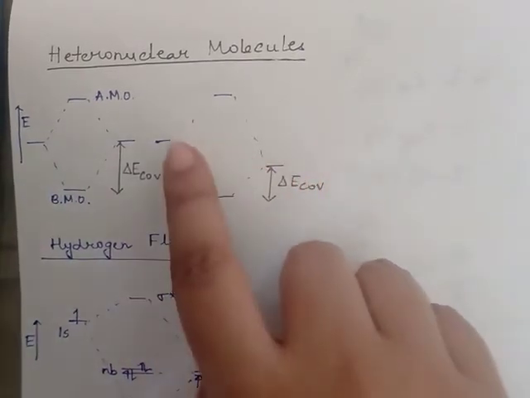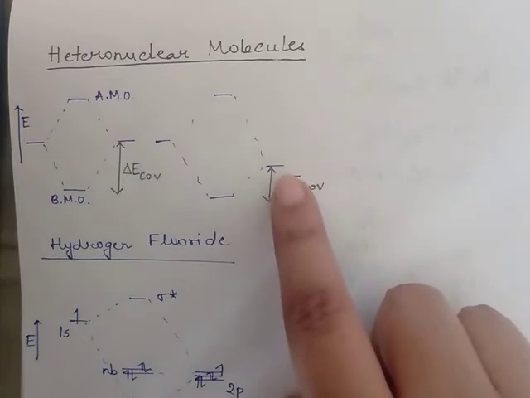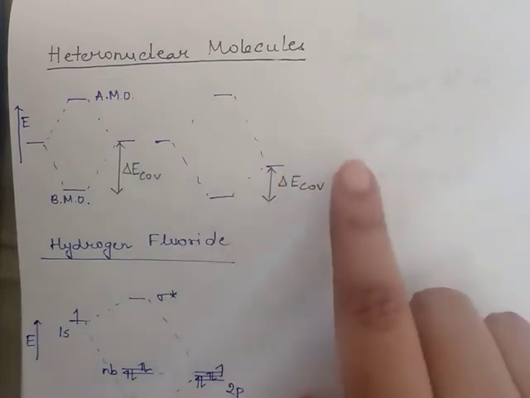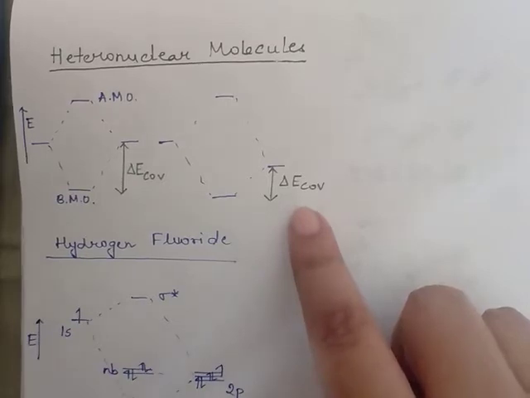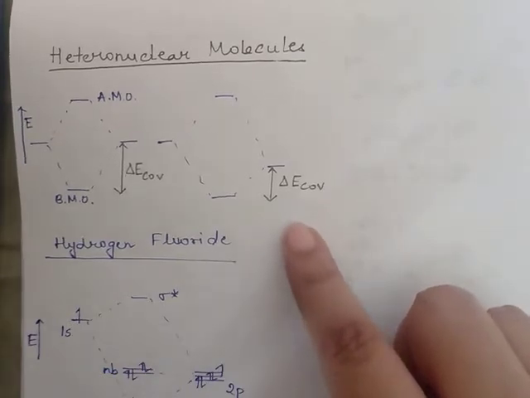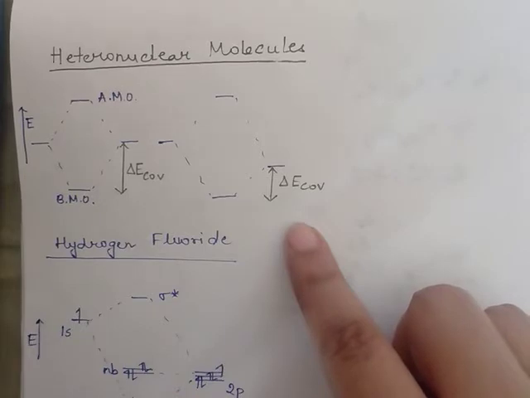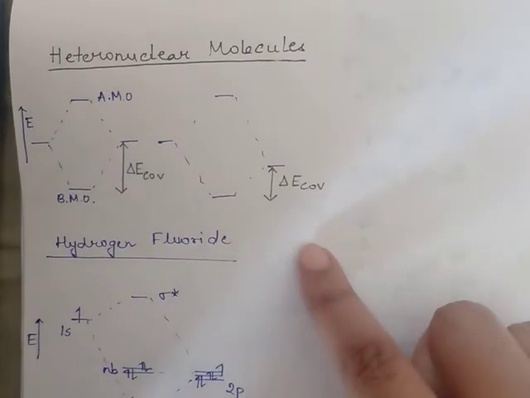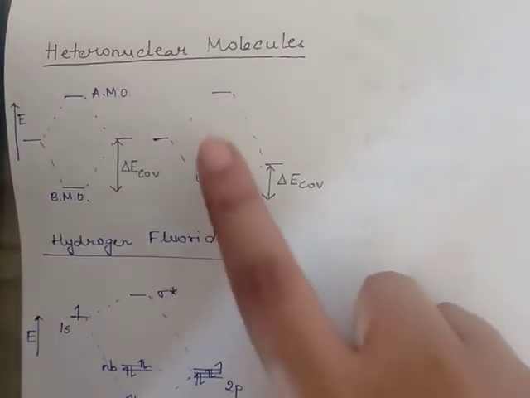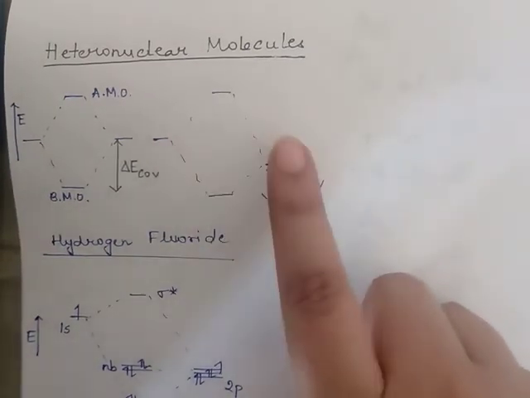So as the electronegativity difference between the two combining atoms increases, the covalent nature of the molecule decreases, till ultimately, when the electronegativity difference between the two combining atoms is too high, the molecule becomes purely ionic and there is very little covalent contribution.